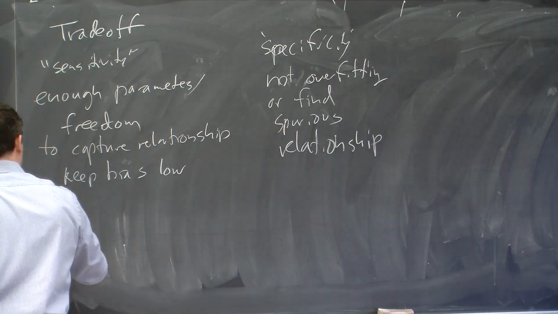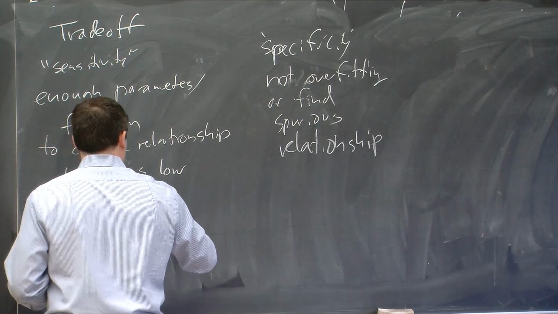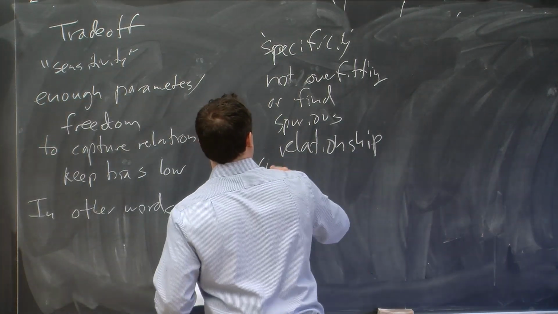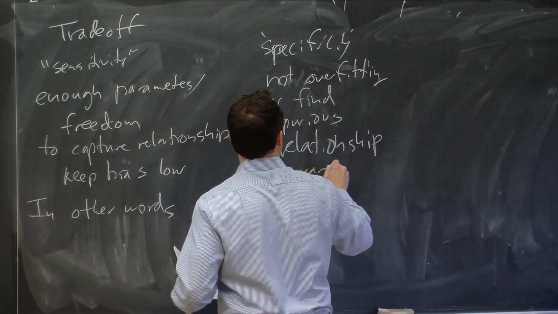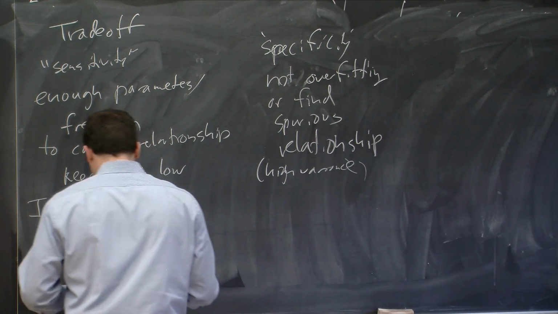So in other words, this is usually called the bias-variance trade-off. So this you could think about as having high variance or avoiding high variance.